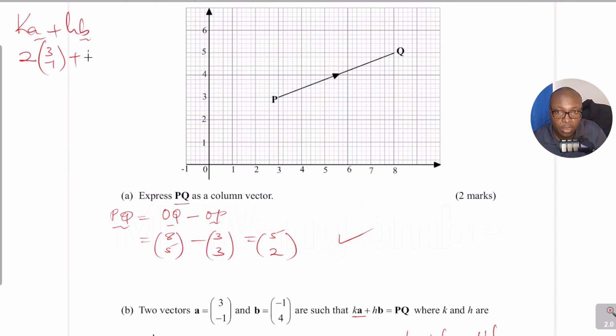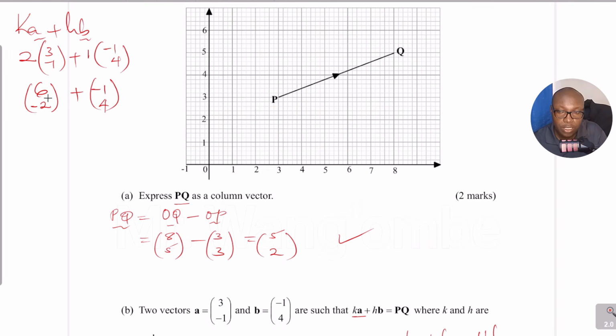Then B. B is -1, 4. So for Ka, we will have 2 times 3, this is 6. Then 2 times -1, -2, and then plus -1, 4. So that is the first thing to do.